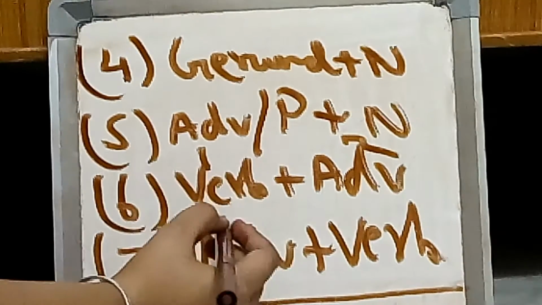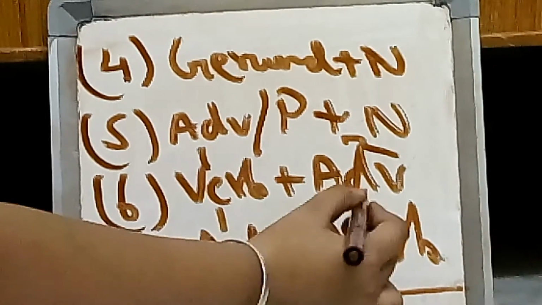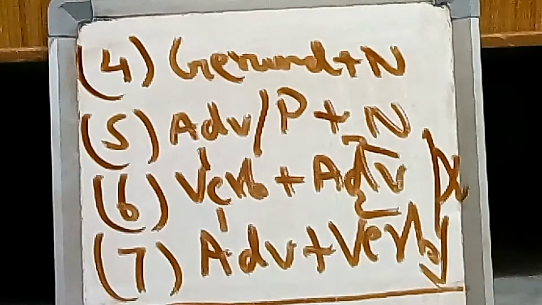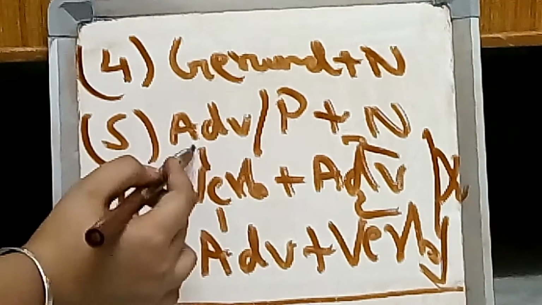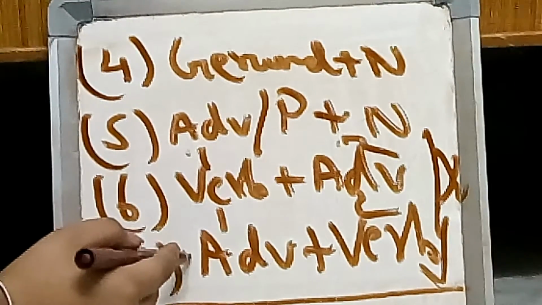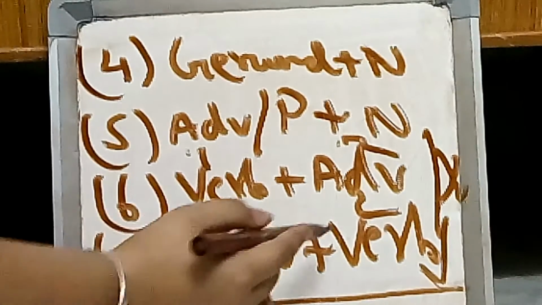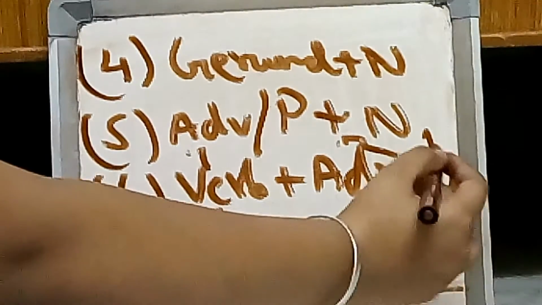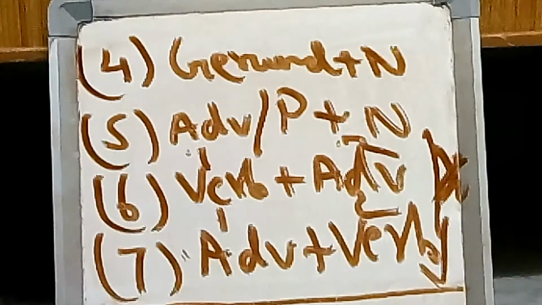Here the fourth one is first adverb and second verb. Don't think these both are the same. They are not, because here verb comes first and adverb second, and in the next one adverb comes first and verb comes second. So it is not at all the same. So don't get confused in this, guys.